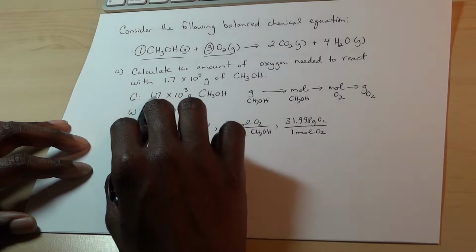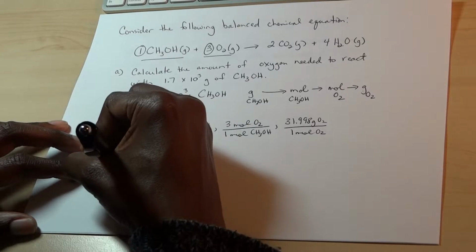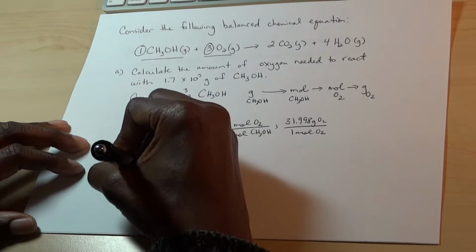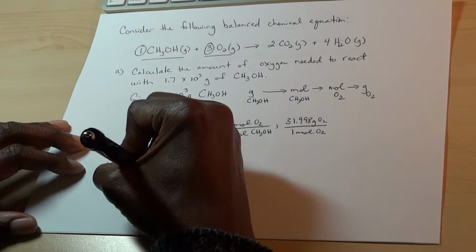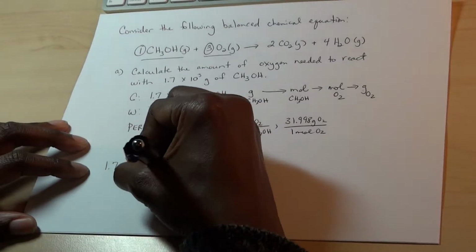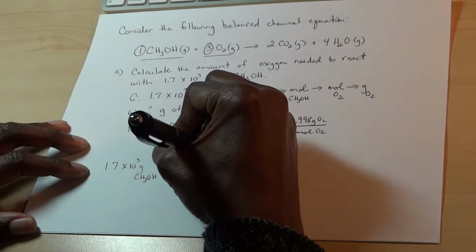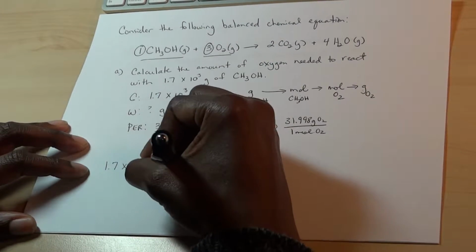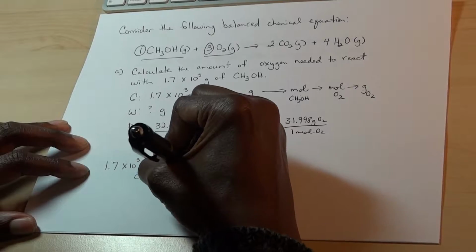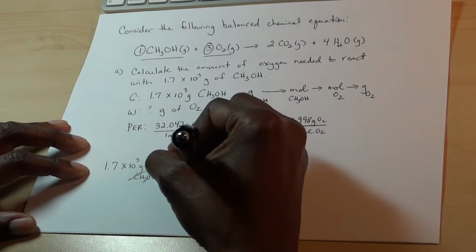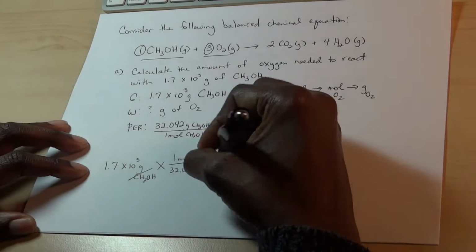So we can go ahead and do our setup, starting with our given: 1.7 times 10 to the third grams of methanol. Convert to moles using the molar mass of methanol. For every 1 mole of methanol up top, we need 32.042 grams of methanol on the bottom, so that grams of methanol cancel.